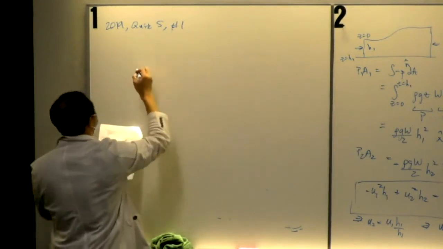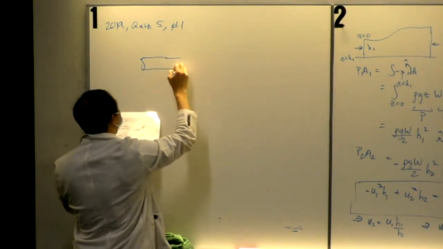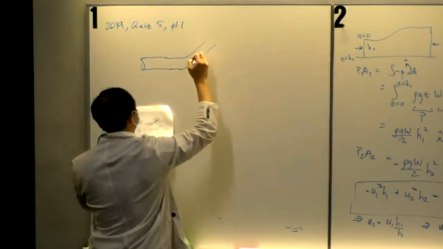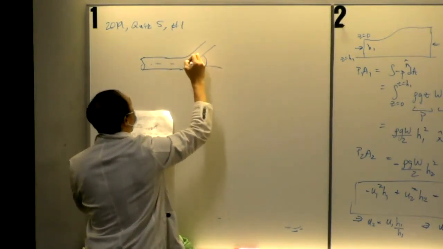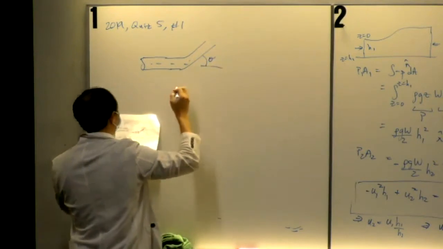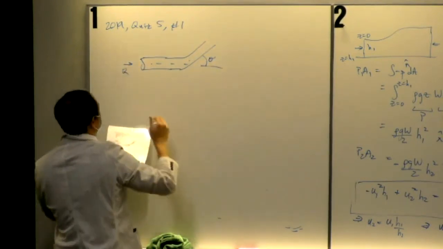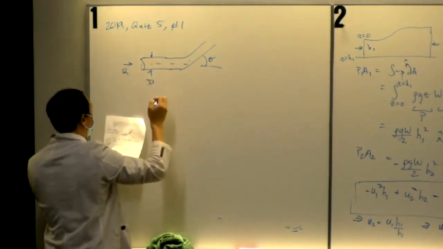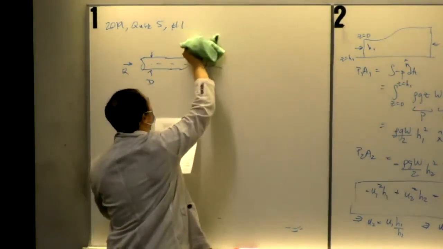So we got this thing that's kind of on an axis, theta. Fluid's coming in. That thing has some big diameter, and it narrows to a small diameter.